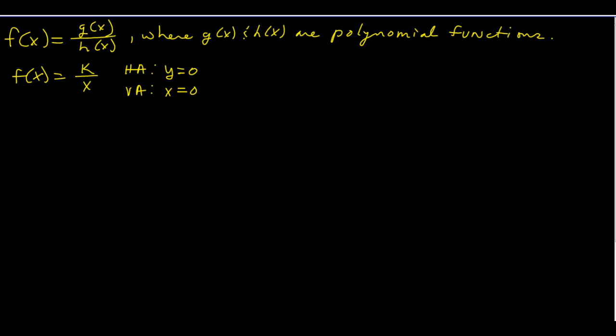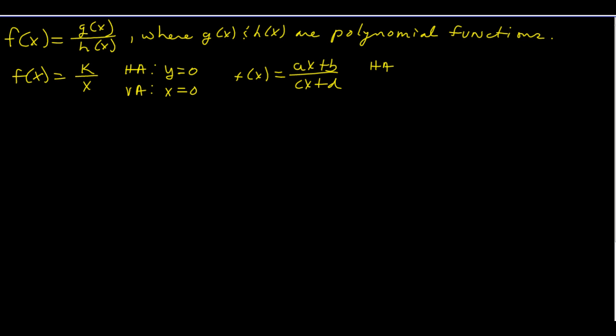Then we saw that we could transform these equations by doing translations, and when we did and then simplified them, we ended up with a function in the form ax plus b over cx plus d, which is still a rational function, but it has linear expressions on top and bottom.